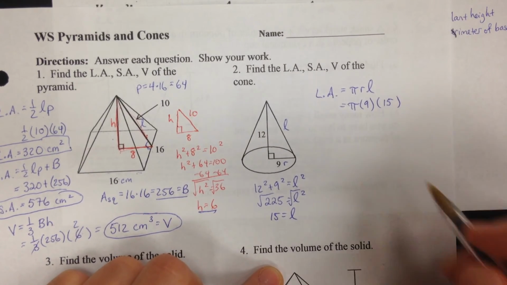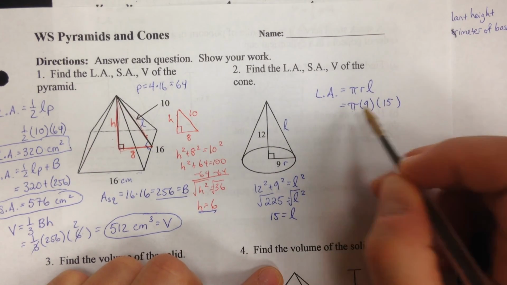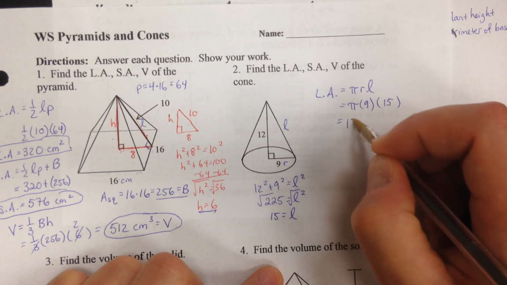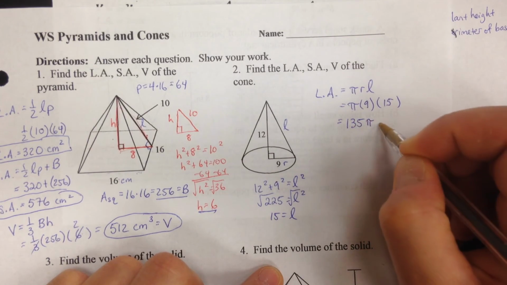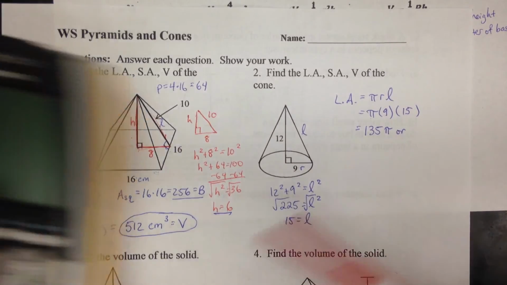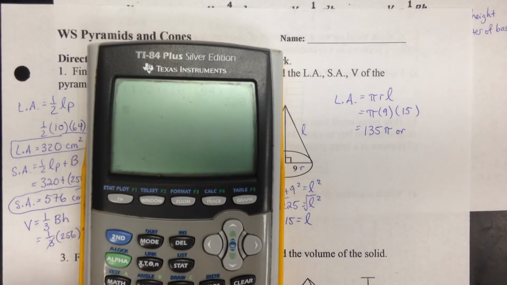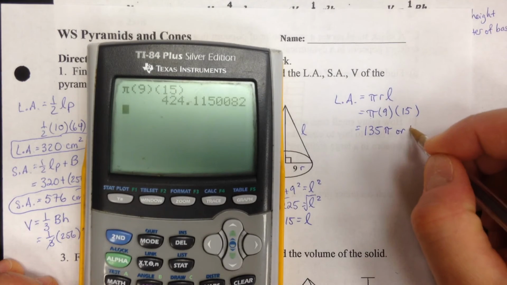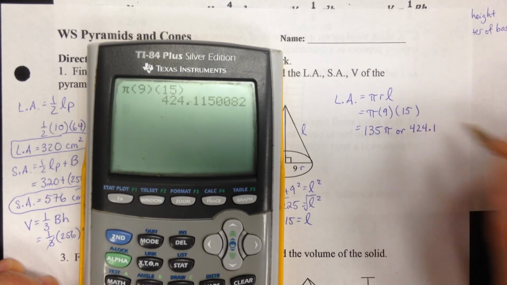Now for your answer, you're going to do 9 times 15 times pi. If you just do the 15 times the 9, you get 135 pi. If you decide to type that into the calculator, and you can type pi times 9 times 15, you get the decimal, which is 424.1. Either answer is good.